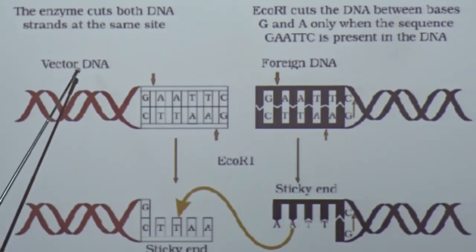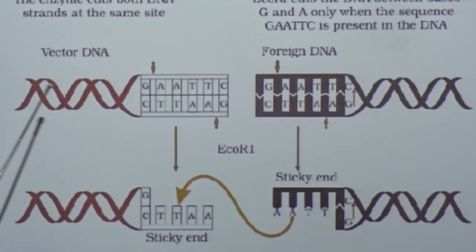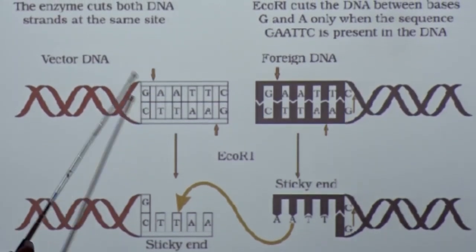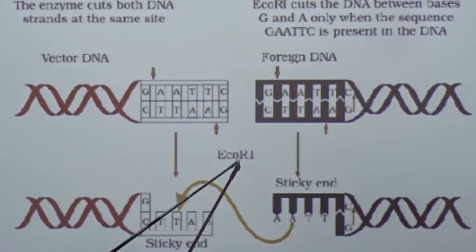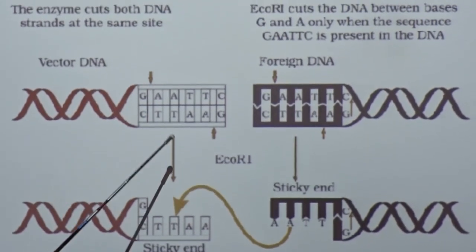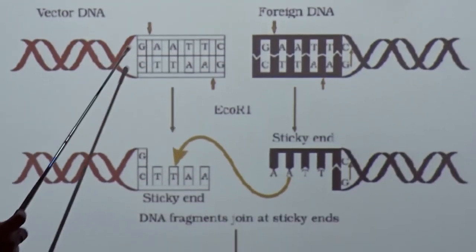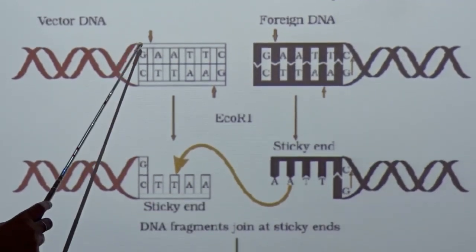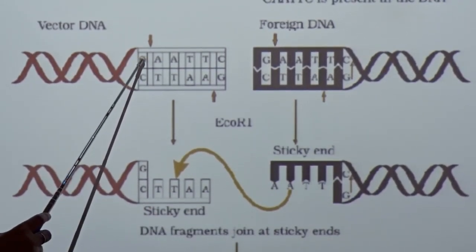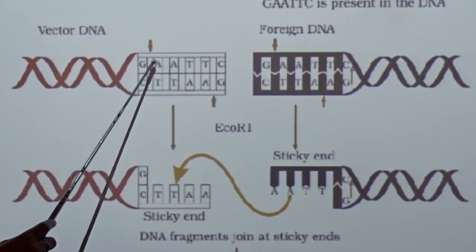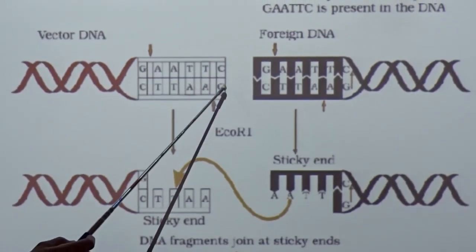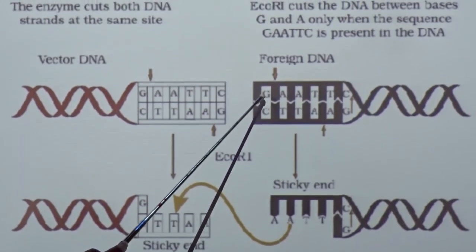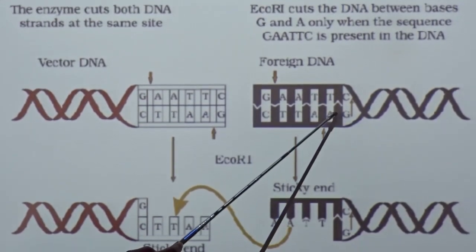Here, this is the vector DNA, and the enzyme EcoRI, an endonuclease, cuts it. This is the foreign DNA, the desired DNA. There is a cut between G and A here, and also in the foreign DNA, between G and A on both sides.